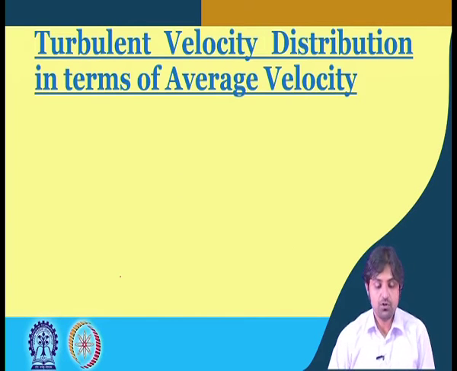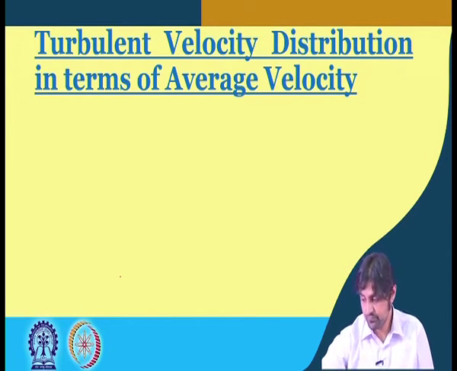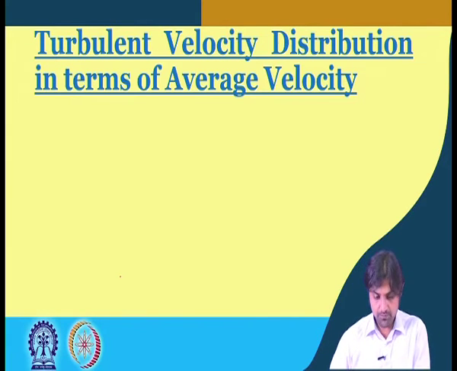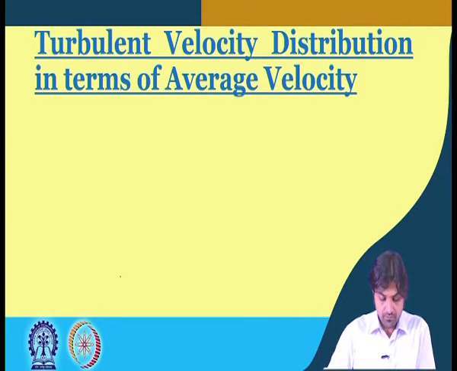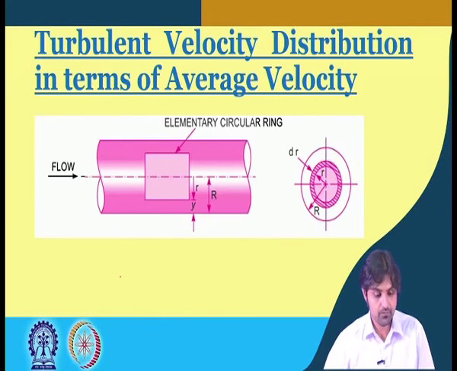Now, we are going to talk about turbulent velocity distribution in terms of average velocity. Okay. So, there is a flow and there is an elementary circular ring here, as you can see.